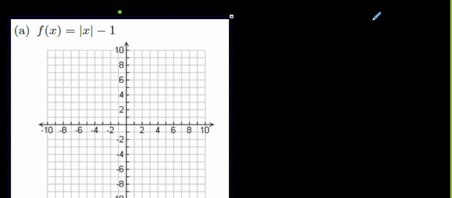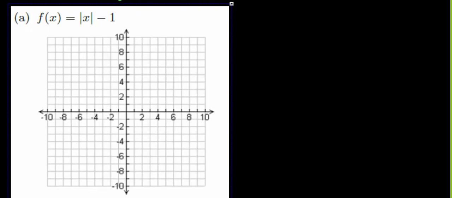Okay, now instead of just having a generic function, just those two lines moving it around, we've got a situation like this where we have a parent function involved, right? We've got the absolute value function. So something's going to be done to that absolute value function.